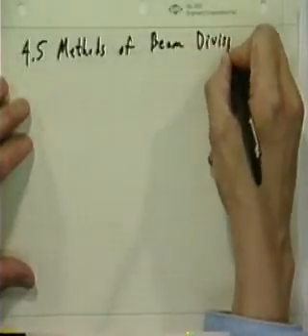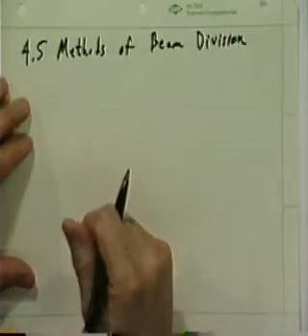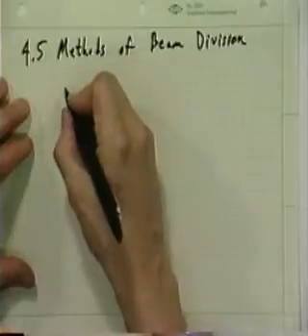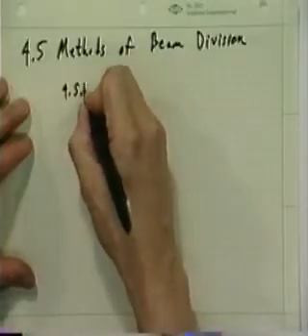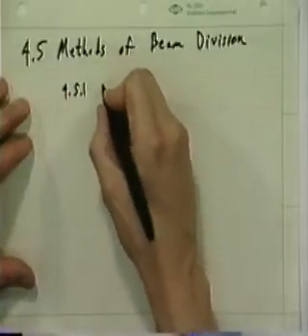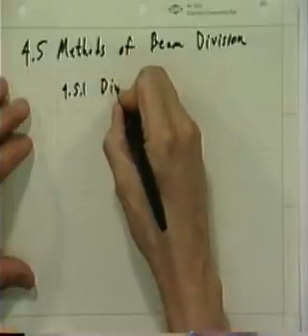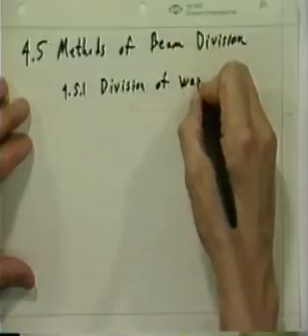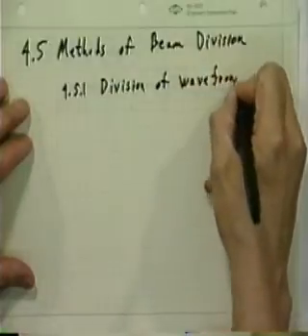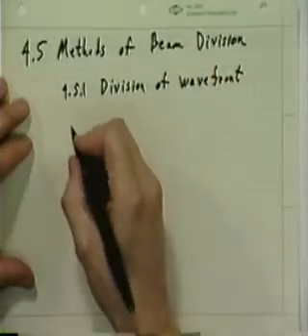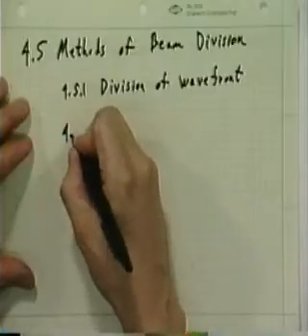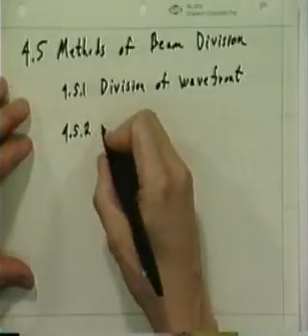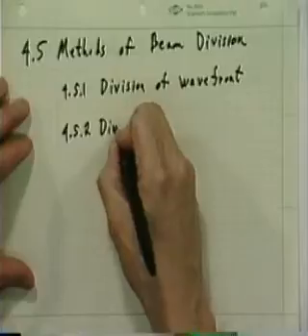And 4.5 is going to be divided into two sections, 4.5.1, which is going to be called division of wavefront. And then there's going to be 4.5.2, which is going to be division of amplitude.